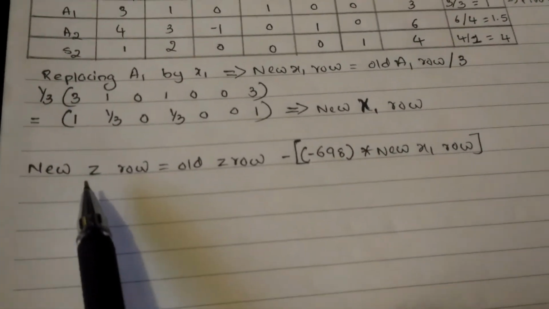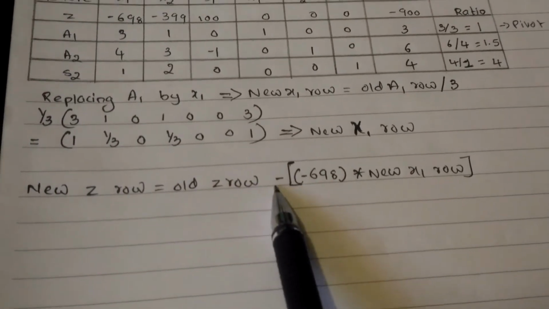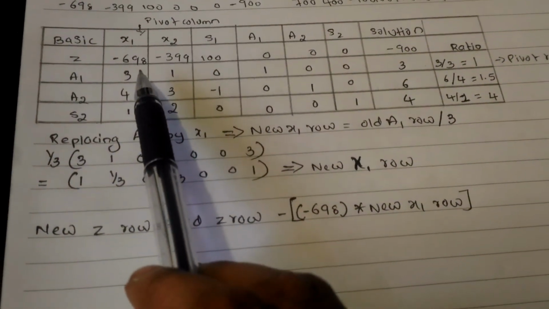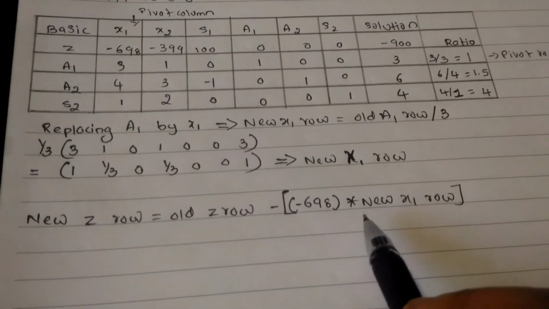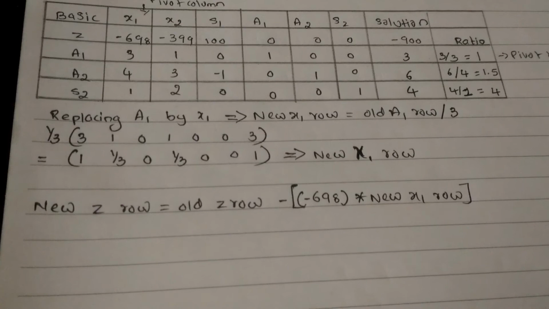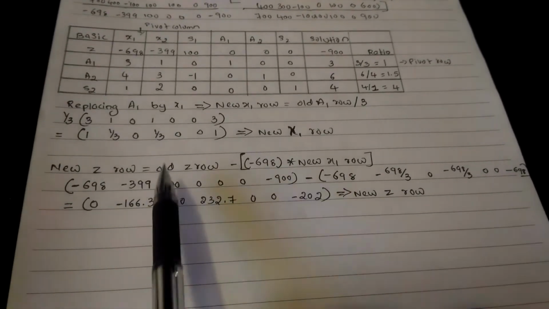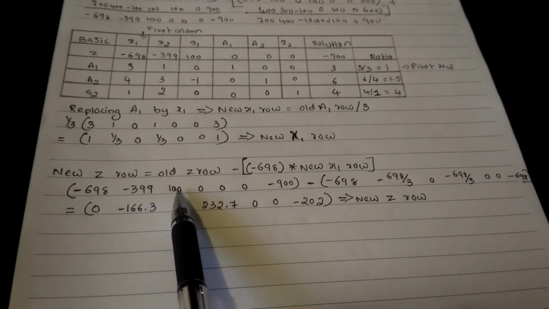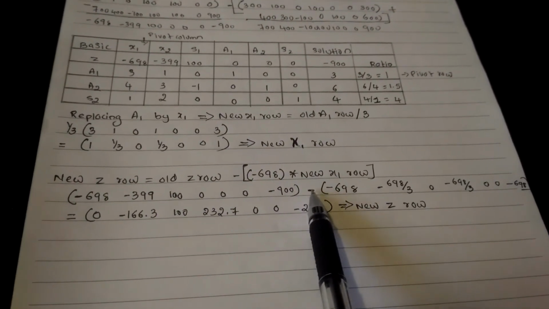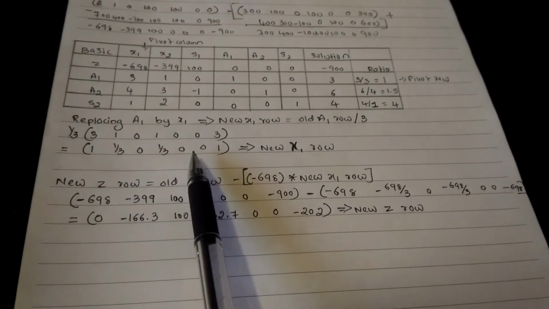Now, this is the formula to find out the new Z row. New Z row is equal to old Z row minus the pivot column value for that particular row, which is minus 698, multiplied by new X1 row. Let us try to find out the values for the new Z row. First, I brought down all the values of the old Z row minus, I multiplied minus 698 with all the values of the new X1 row.